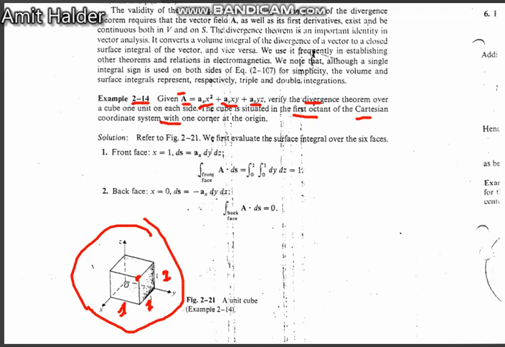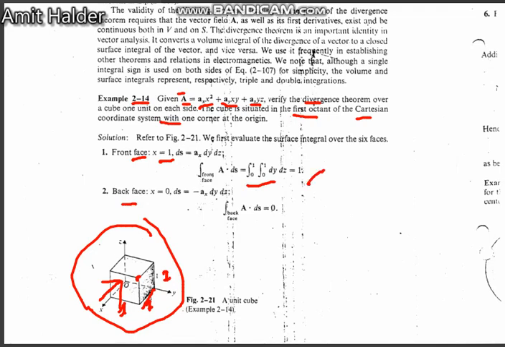So there will be 6 faces: front face, back face. Front face means this face. In this face, x is equal to 1, and dS is equal to a_x dy dz; dx is absent. So the front face will be the integral of dy dz a_x from 0 to 1, 0 to 1.